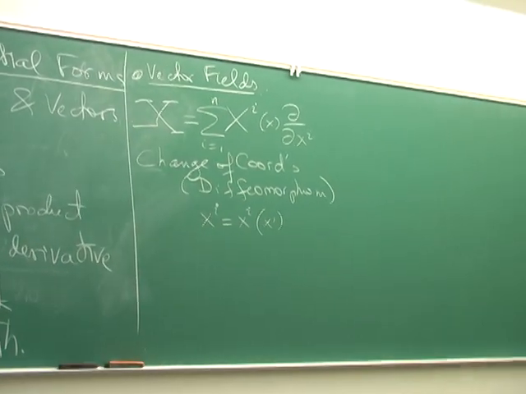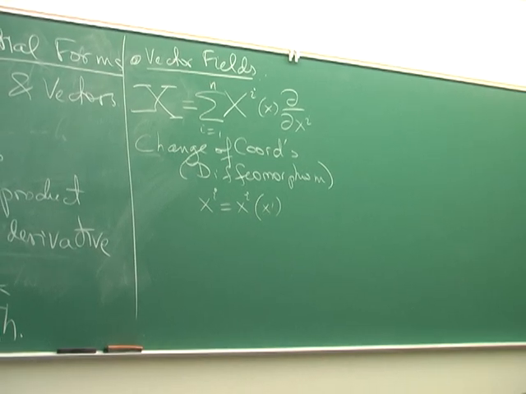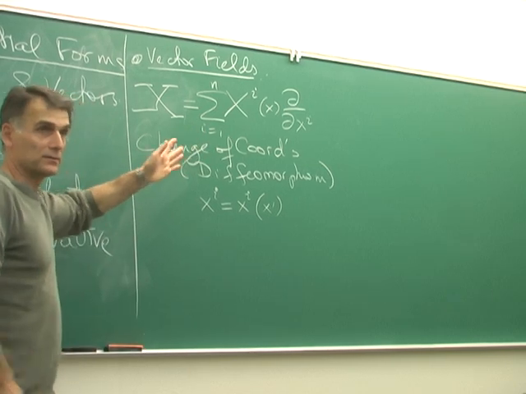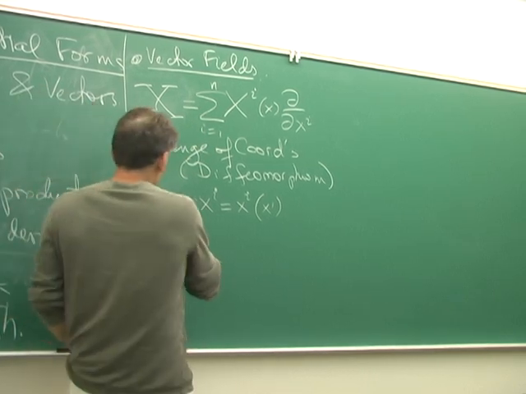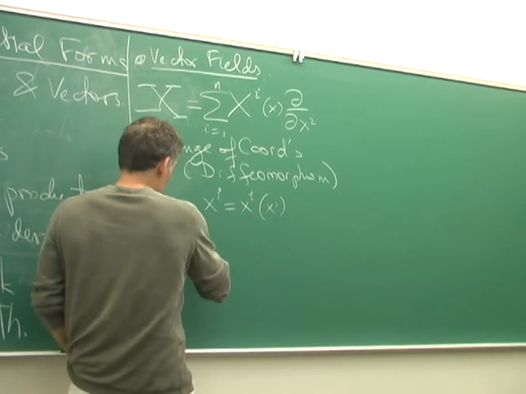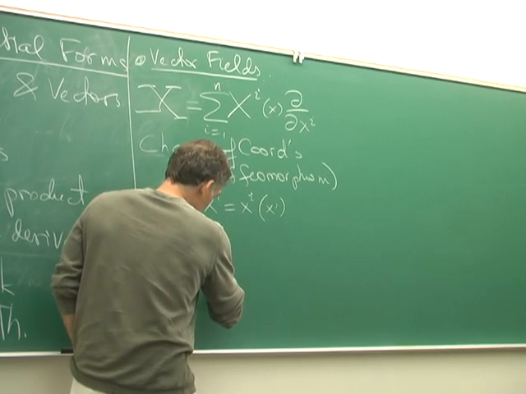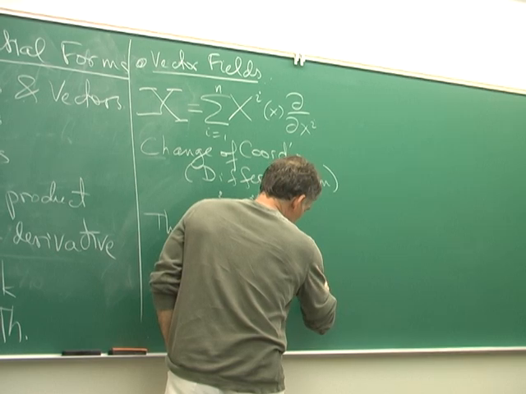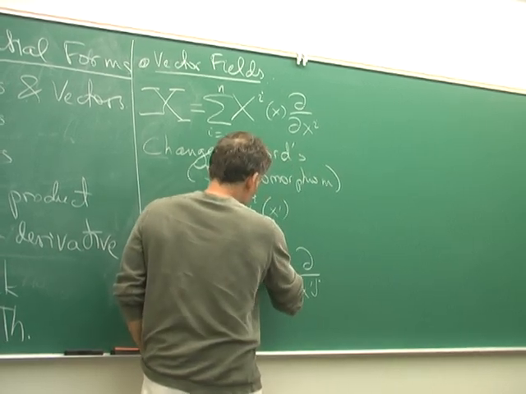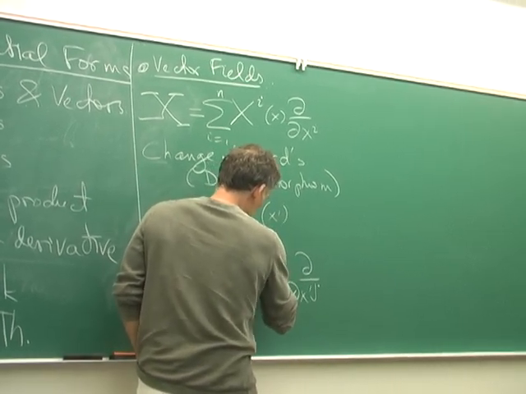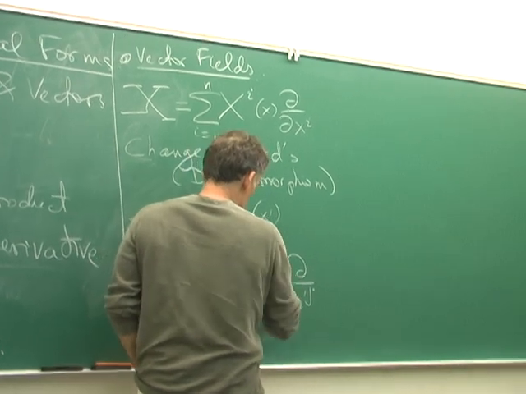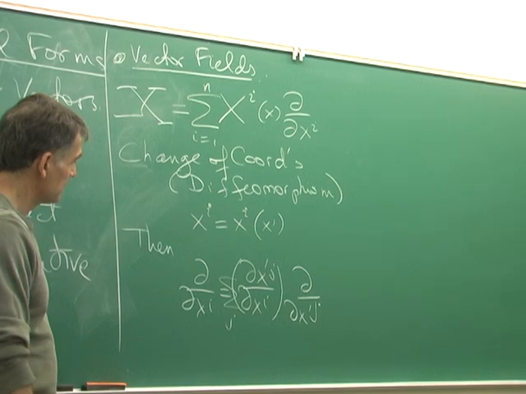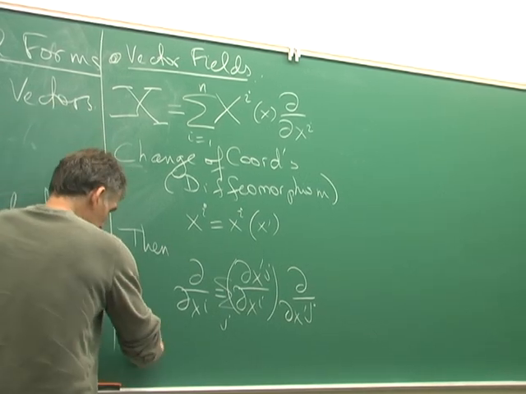These are n equations of n variables. That's a change of coordinates. Then of course the partial derivative will be transforming with this Jacobian. So that's the chain rule.